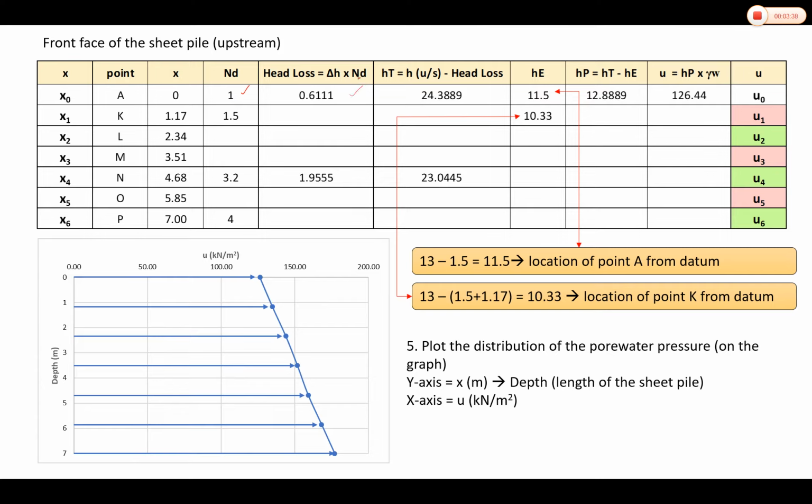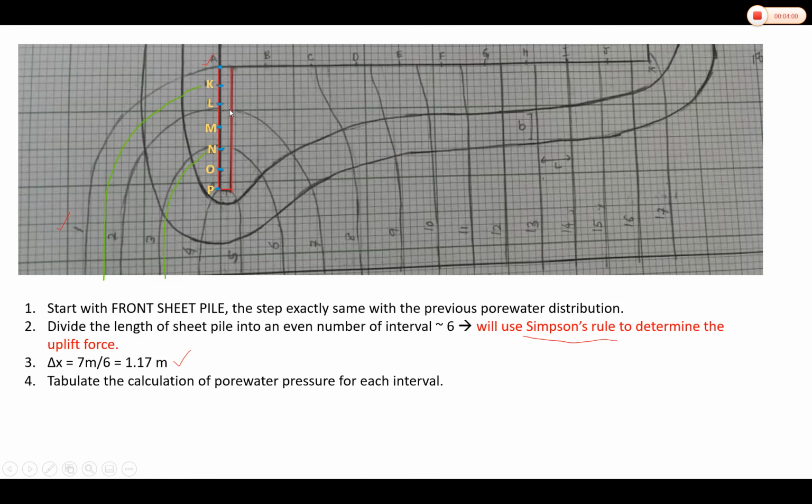Again the HT, we have the upstream 25, minus this head loss, so this is the HT at point A. The HE is the elevation, the location of point A from datum. The datum is at the bottom layer, so we have 13 minus 1.5, so at point A it is 11.5.